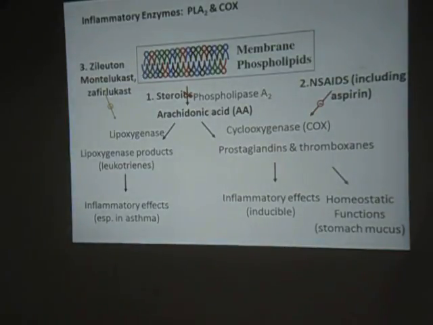So by blocking these enzymes, we know that there are some beneficial effects, and there are some bad effects also. So we have certain drugs now with selective action on the glucocorticoid receptors, what we call SEGRAs, selective glucocorticoid receptor antagonists, something like SERMs, selective estrogen receptor modulators.